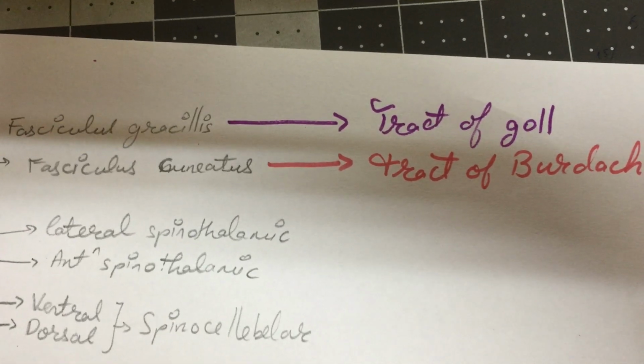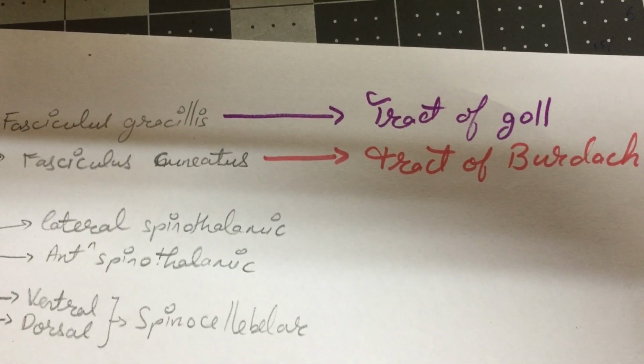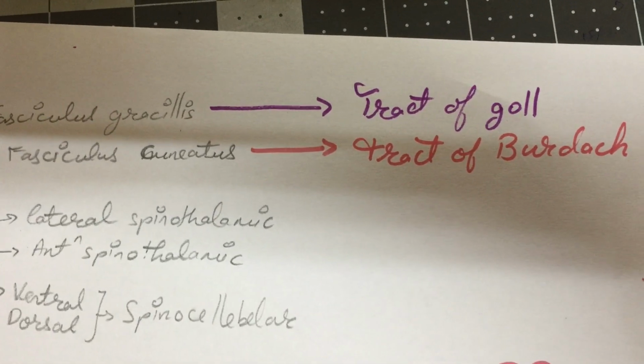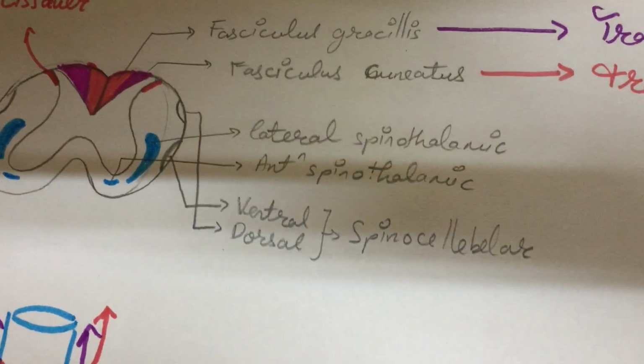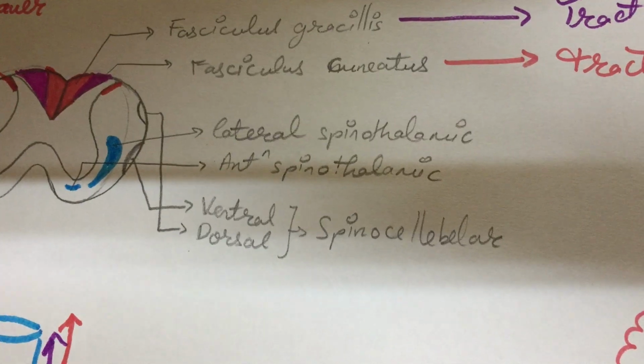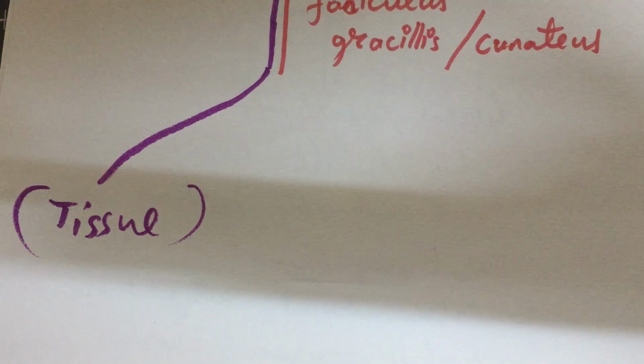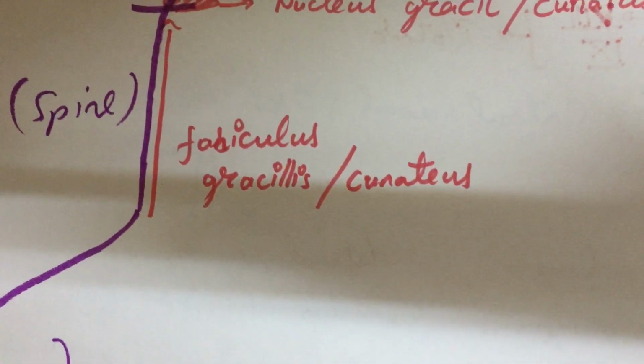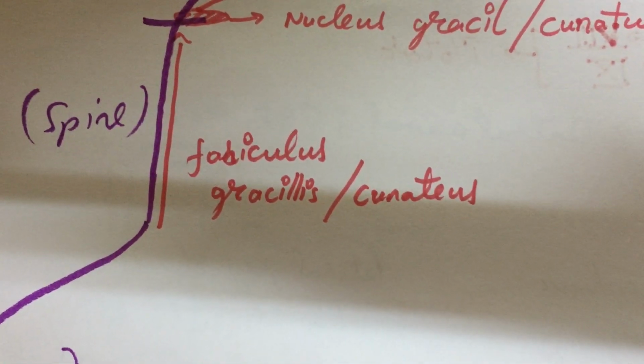Proprioception is carried by the fasciculus gracilis and fasciculus cuneatus in the dorsal column, which start from the dorsal root ganglion and synapse with the nucleus gracilis and nucleus cuneatus in the medulla oblongata. So the sensory impulses are carried from the tissue towards the spinal cord and enter via the dorsal root ganglion.